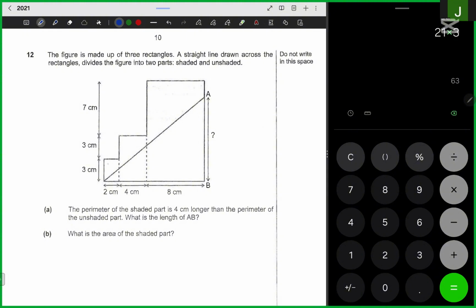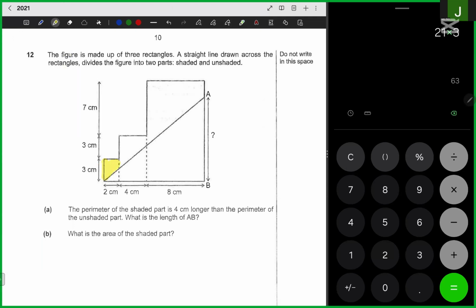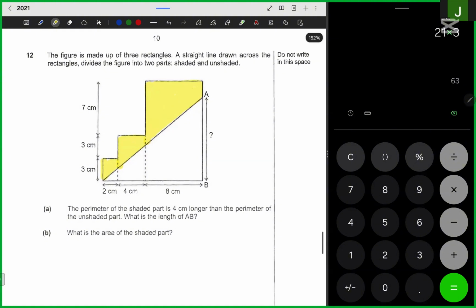I remember, the shaded part is over here. Right, this is the shaded part. So a straight line is drawn, divides the figure into two parts, shaded and unshaded.